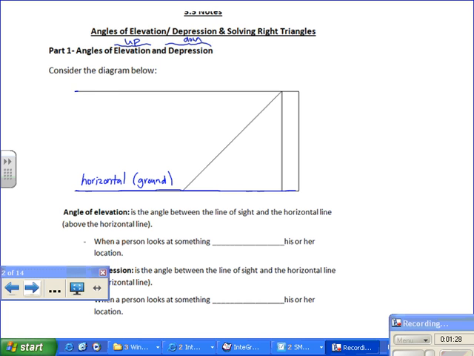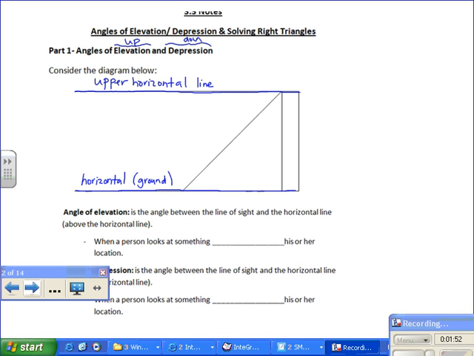And if we draw another upper horizontal line, so that runs parallel with the line below, that could be a line in the sky, for example. But it's just a line that runs parallel to a lower horizontal line.